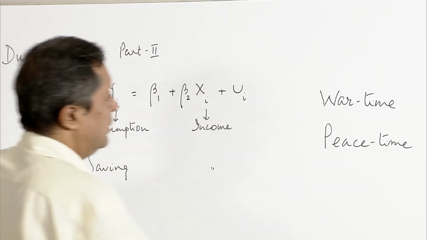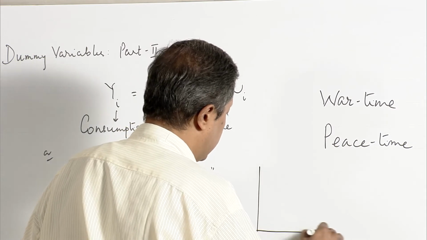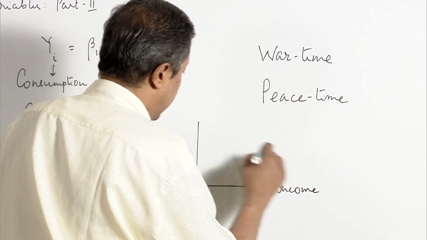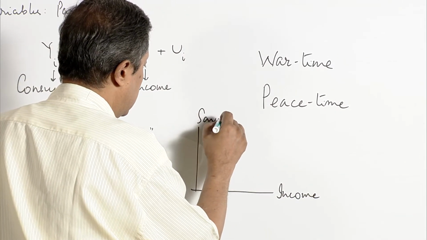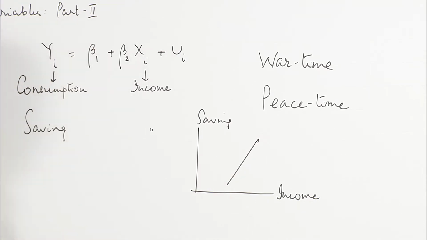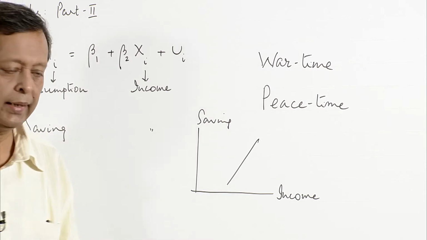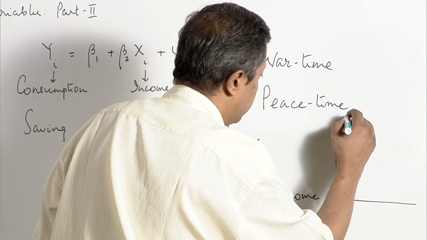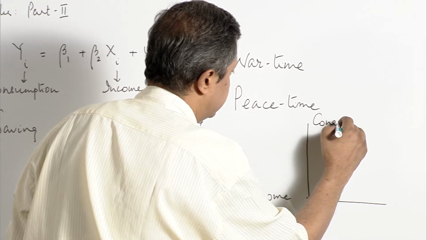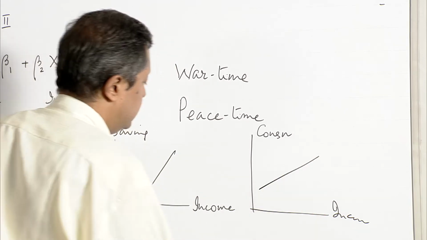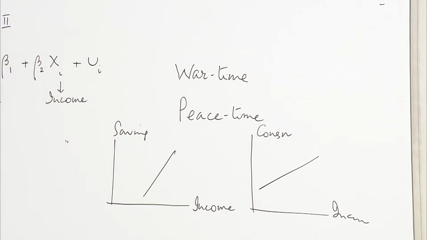And if we just draw a simple relation between income and saving, maybe we get a regression like that, or income and consumption also a straight line like that. Say this is consumption and this is income, and so we get a regression line like that.